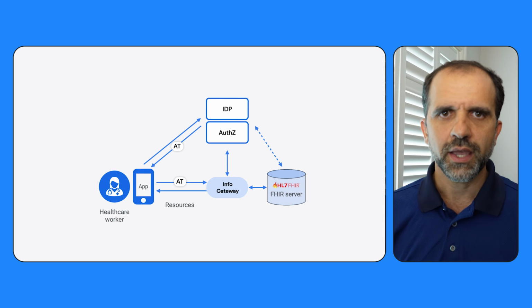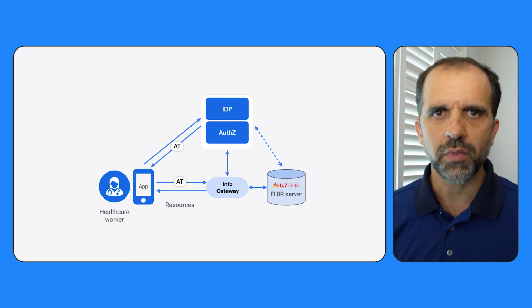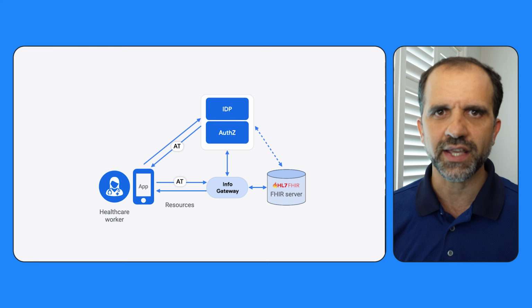This token may additionally include specific access scopes that are granted by an authorization service. The identity and authorization services might be provided by the same server or separate ones. Regardless, the Info Gateway will determine if the provided access token is valid and extract authorization information from it.